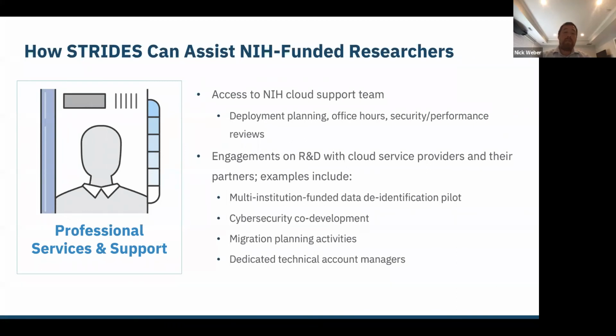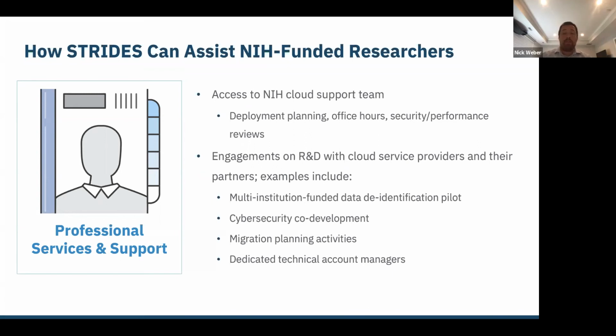There's lots of ability to participate in existing events that are going on. We run office hours and lots of things that are open to anyone participating. We also enable research and development collaborative engagements.